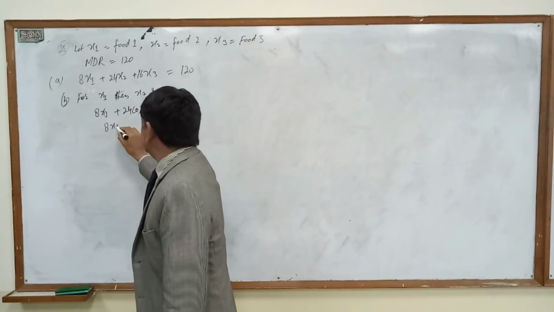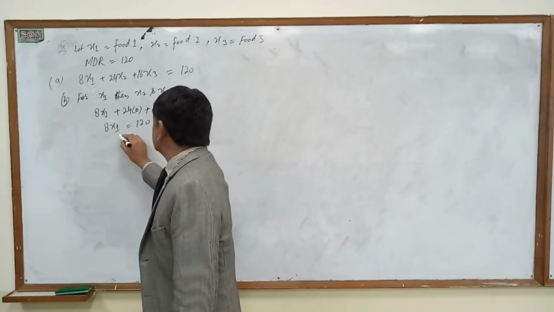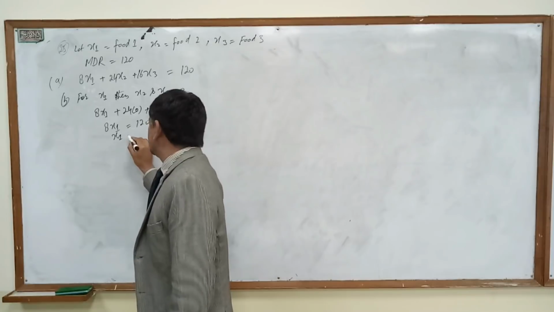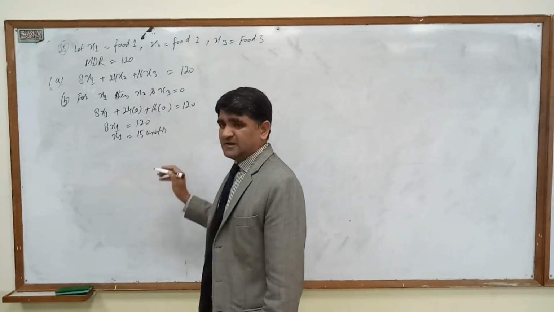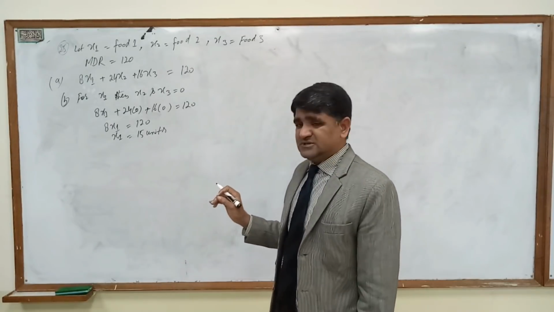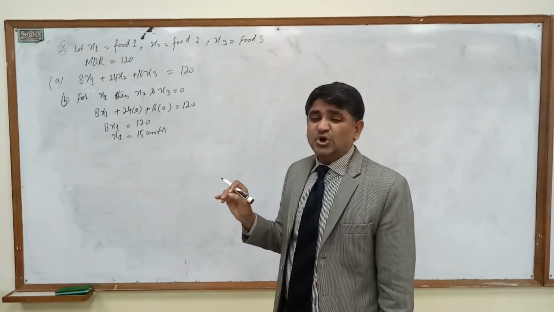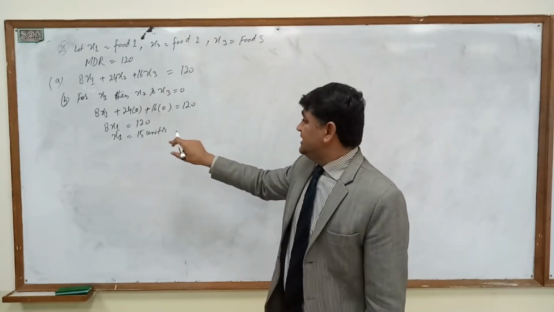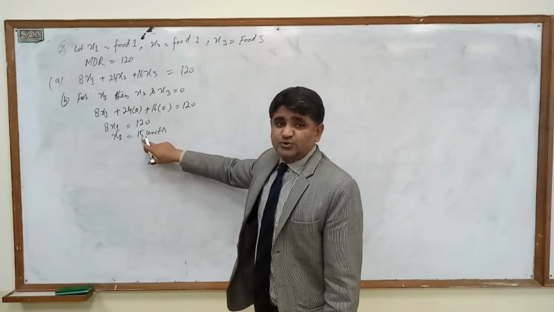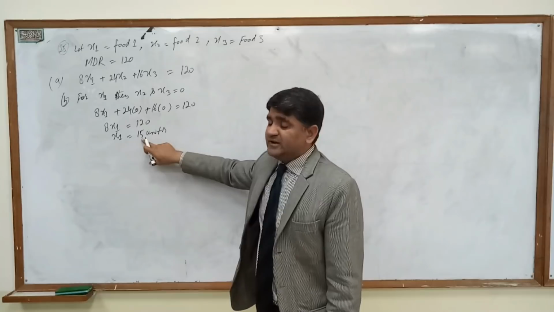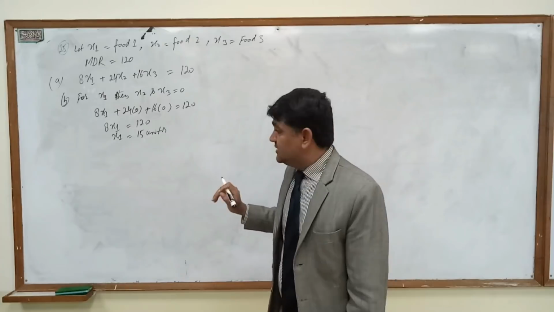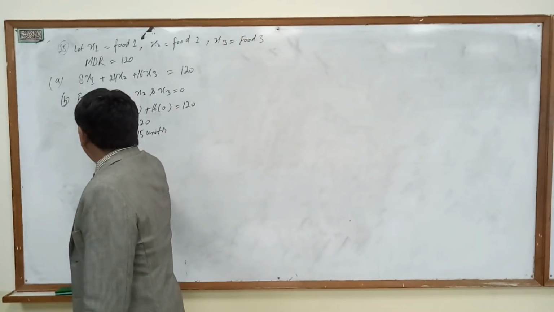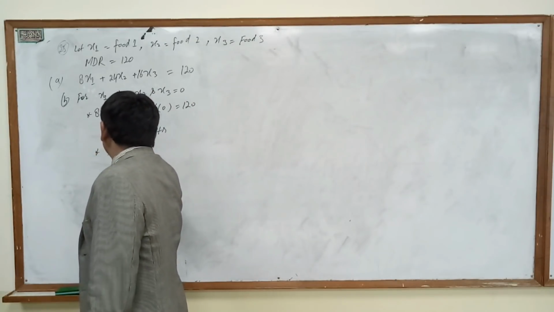So 8x1 is equal to 120, so x1 is equal to 15. What does it mean? If she includes only food 1, then she must have 15 units of food 1 to meet her minimum daily requirement.